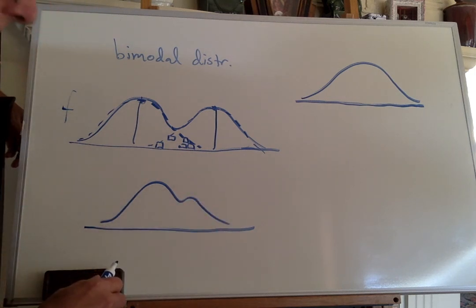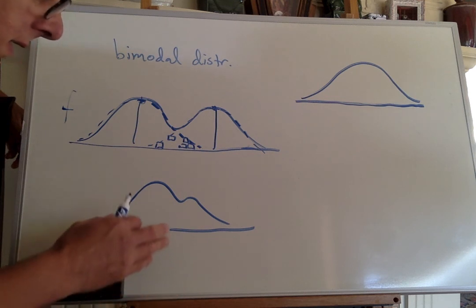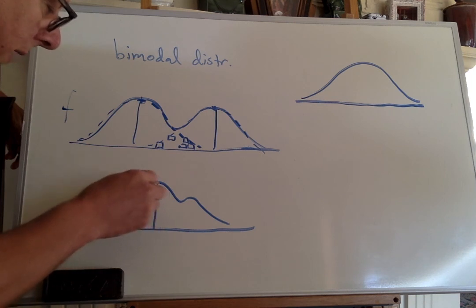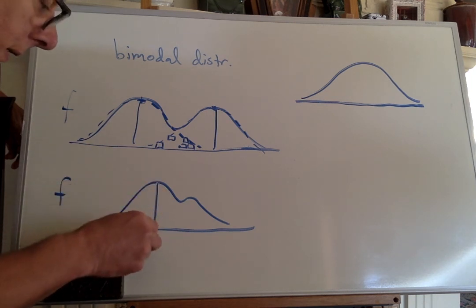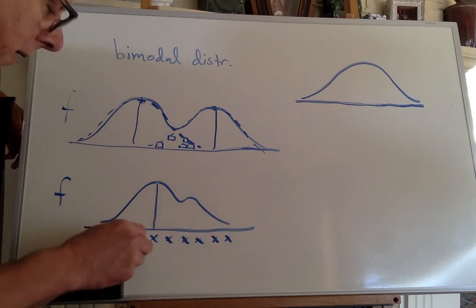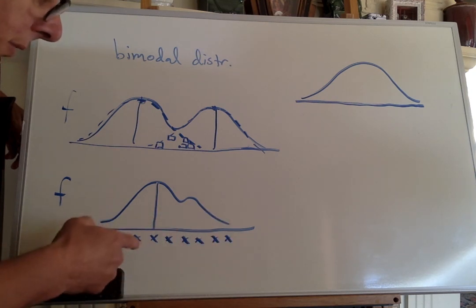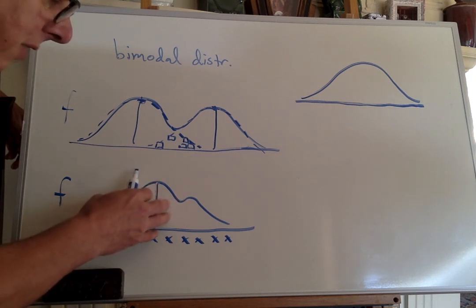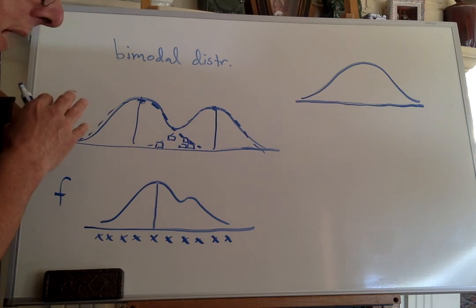Sometimes people will describe a distribution like this as bimodal, okay? Now, technically, this is not bimodal, right? There's only one place where we have the most frequent score. Remember, these are scores here, okay? Technically, this is not bimodal, but you sometimes see these kinds of curves, and people will call them bimodal.